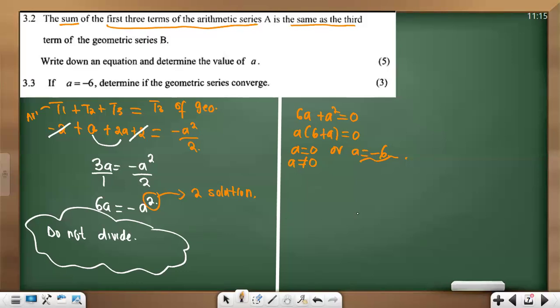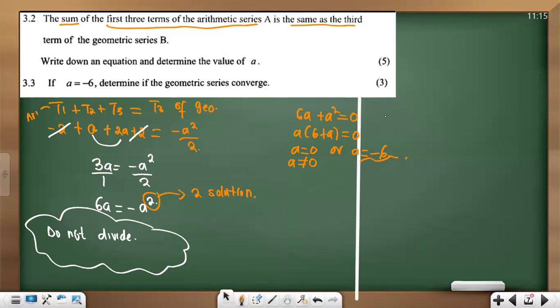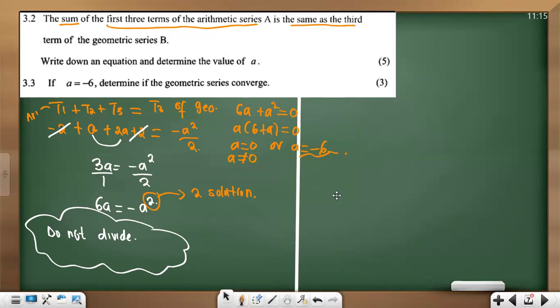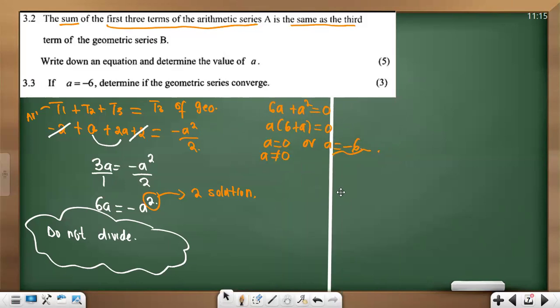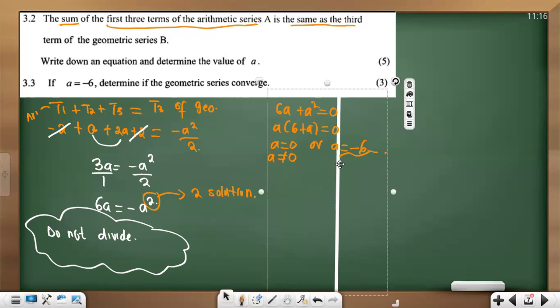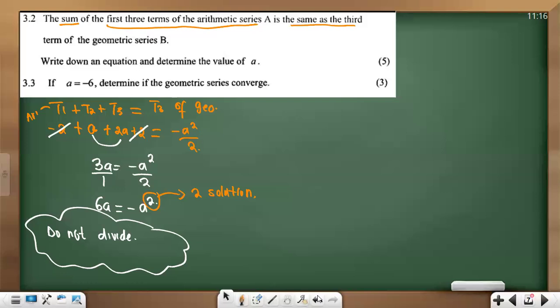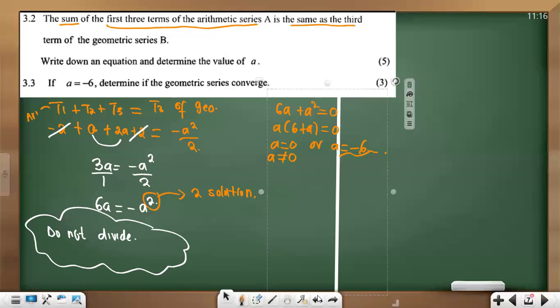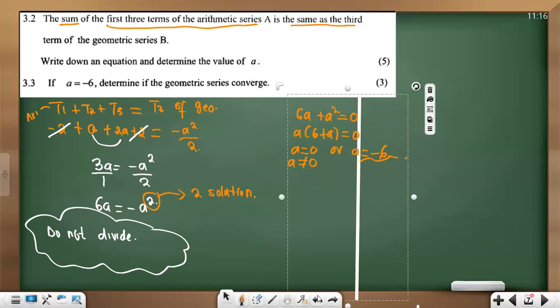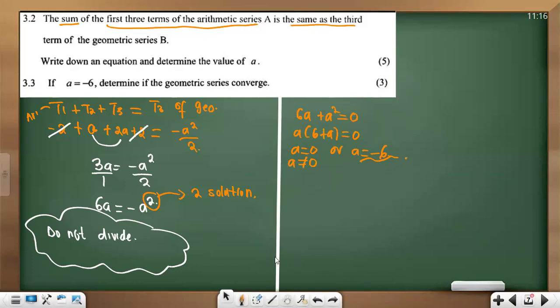Wait, let me do this. I know what I'm doing. Oh no. I wanted to move this aside. All right, it's okay. Wait, let me do this.